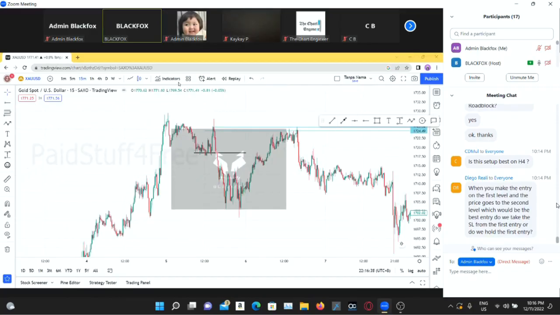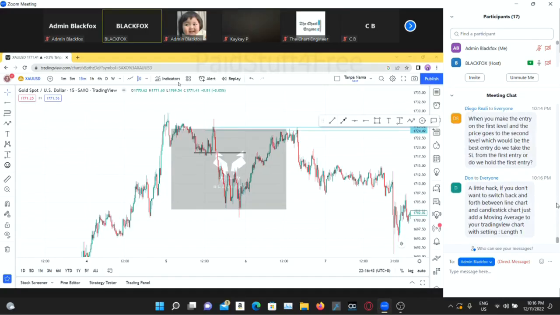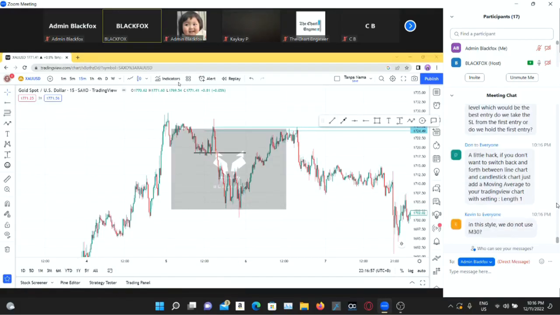When you make the entry on the first level and the price goes to the second level, do we take the SL from the first?